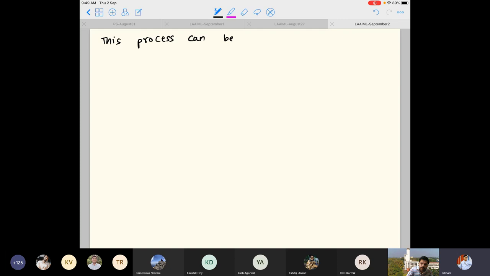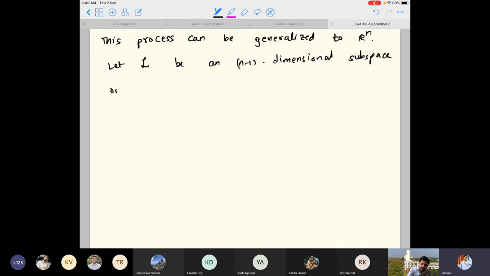This process can be generalized to Rn. And how do we generalize this process to Rn? Let L be an n minus 1 dimensional subspace of Rn.